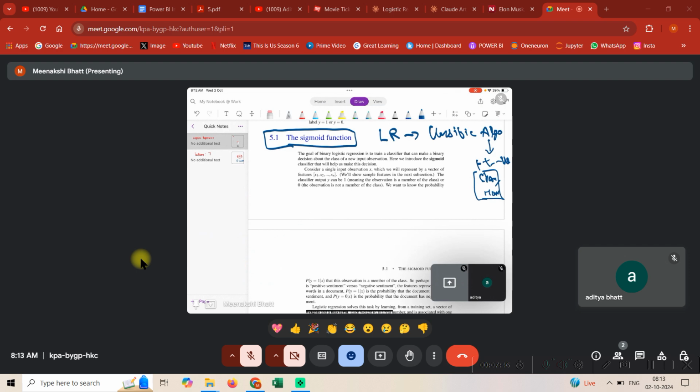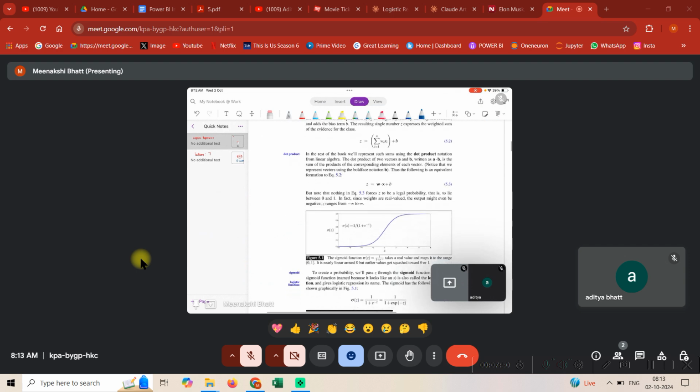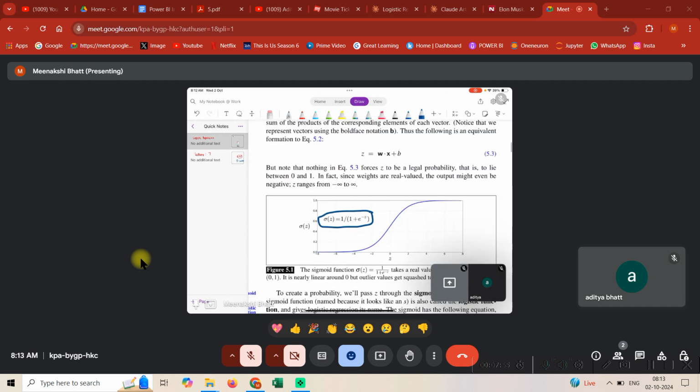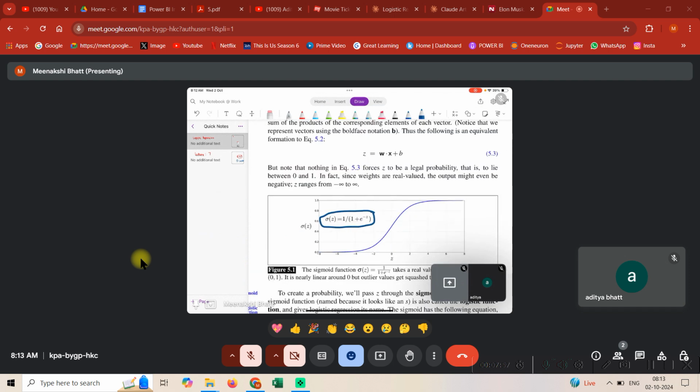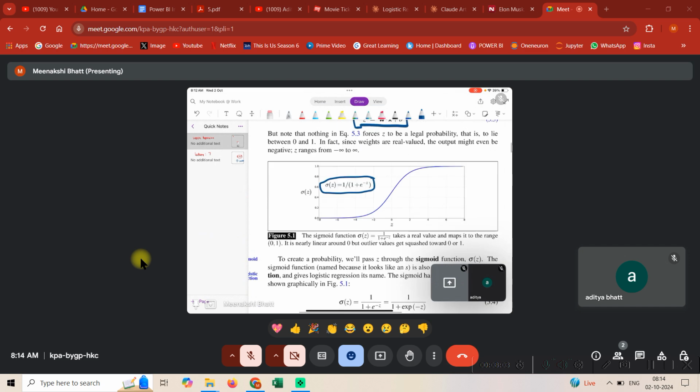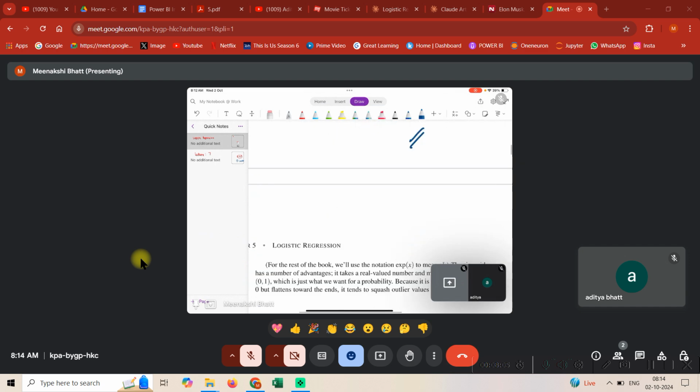The main thing we need to understand is that in logistic regression there is something known as the sigmoid function. Just try to see its graph. So z is equal to wx plus b, and then we can plug in, that's okay. It will become like this.